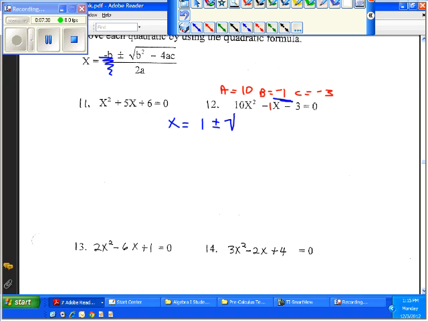Plus or minus the square root of b squared. What happens when you intend to square a negative? You have to put it in parentheses squared. Minus 4 times my a of 10 times my c of negative 3, all over 2 times my a of 10. And so we've gotten it set up.